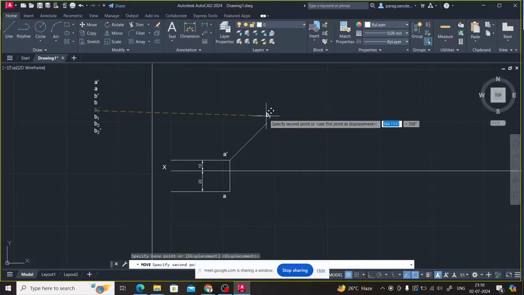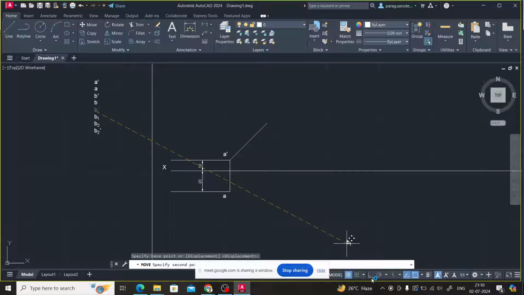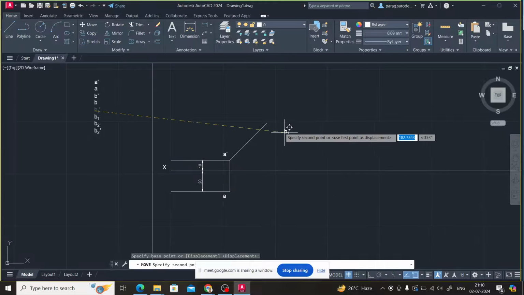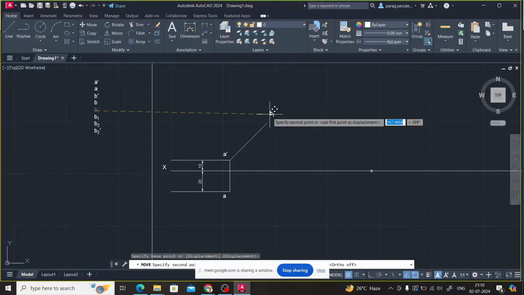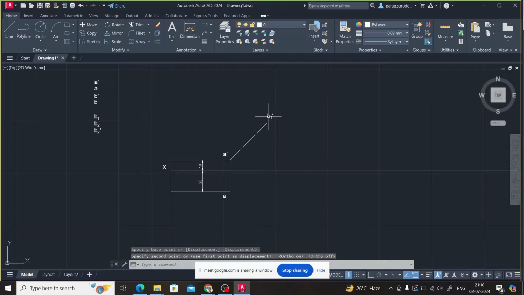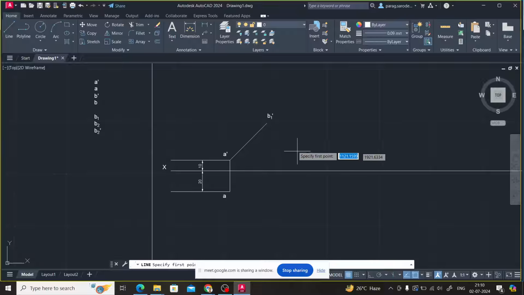Now I will move this point, and mind it, as the ortho mode is off, I will be easily able to move it along any other angle. If the ortho mode is on, I cannot move it like this. It will always be a horizontal or vertical movement. So now I switch off the ortho, so I am able to move this like this. Now I will take a projection from the b1 dash like this.